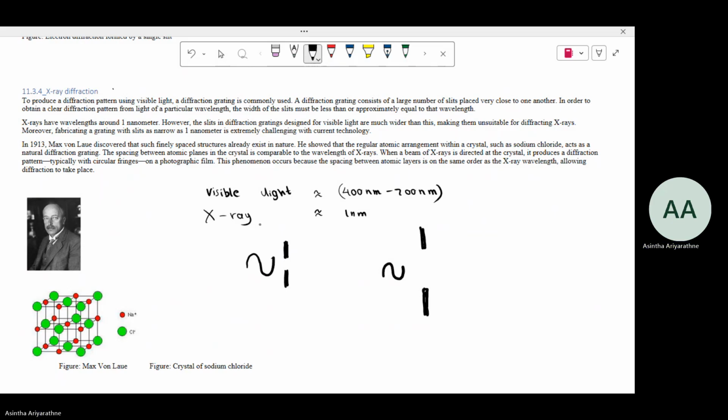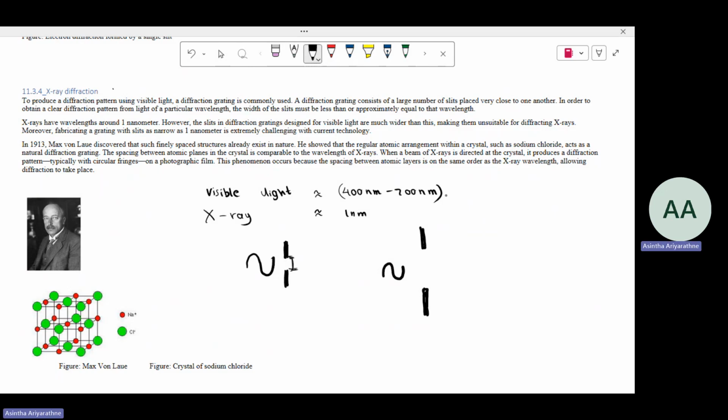So X-rays have a very small wavelength, so the gap also should be very small in order to observe the diffraction.